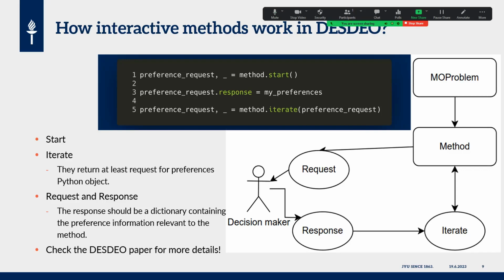We are not focusing on the other one right now, so that's why it's underlined. The decision maker works with the request object, sees things, and gives preferences in a response. Then the request with the new response is given to iterate, and we keep going.